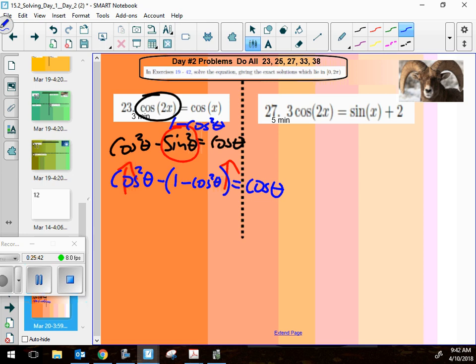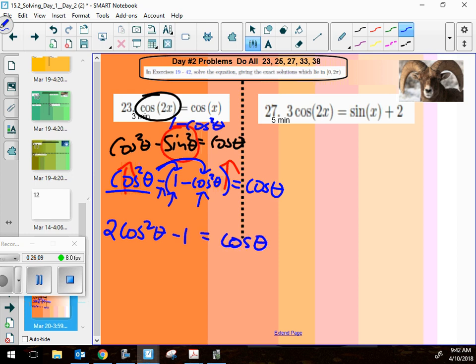Next, if you're going to factor something, there's no point in factoring unless it's set equal to 0. So let's get that cosine over to the other side, and let's distribute out this negative here and see what happens. Okay, so the cosine minus a negative cosine is plus a cosine. That makes 2 cosine squareds. Minus times the 1 makes minus 1 is equal to cosine theta.